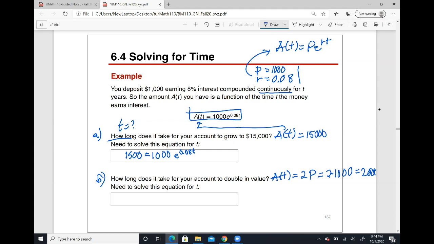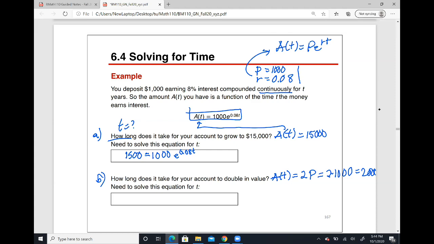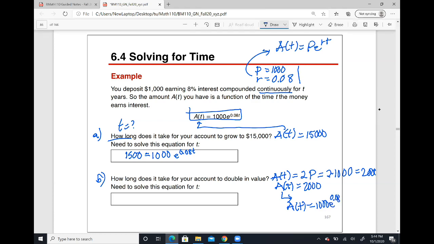So now you have A(t) equal to 2,000, and then you just substitute this future amount into the formula A(t) equal to 1,000 times e to the power 0.08t, right?